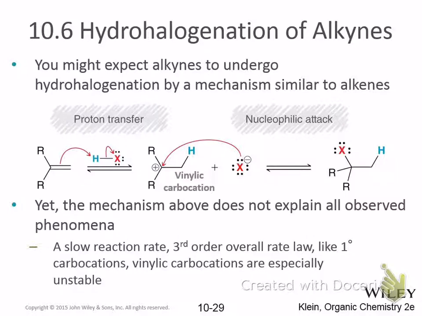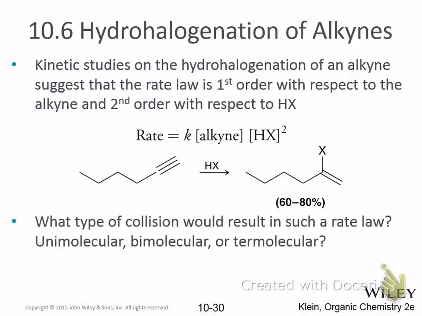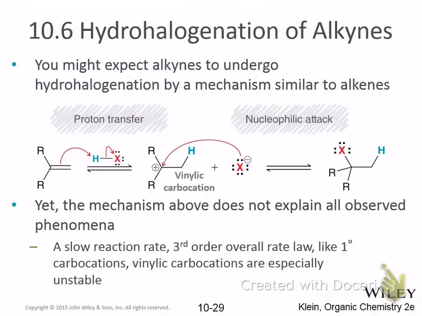But if you do it with an alkyne, and you look at the rate law, the rate law for the alkene reaction is bimolecular. That is, it depends on the concentration of the alkene and the hydrogen halide. It requires both. When you do the reaction with an alkyne, it turns out the rate law is termolecular.